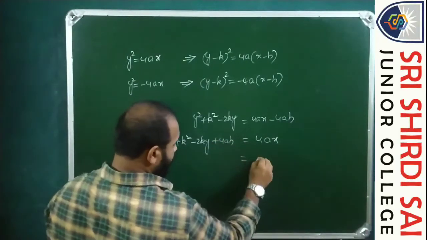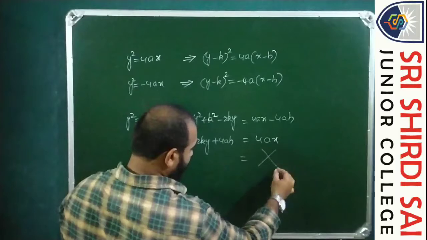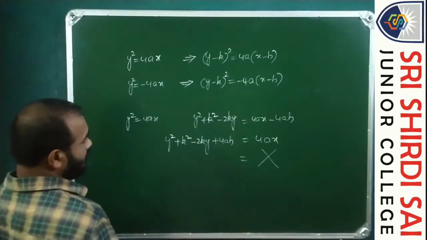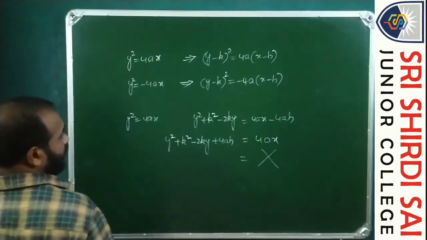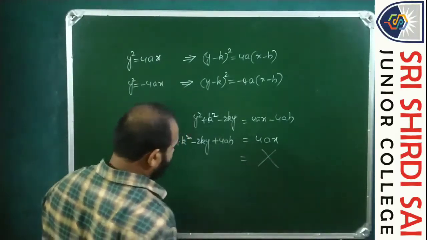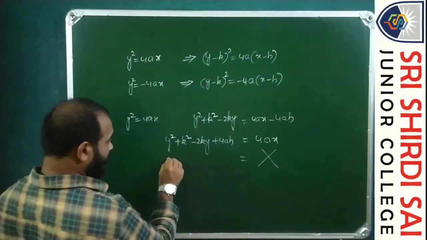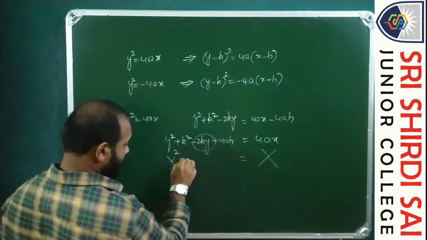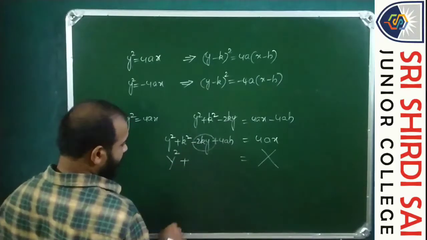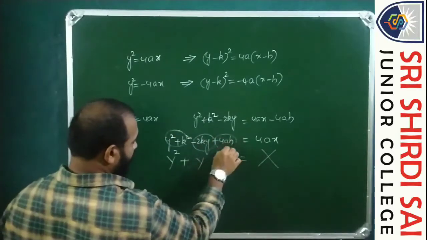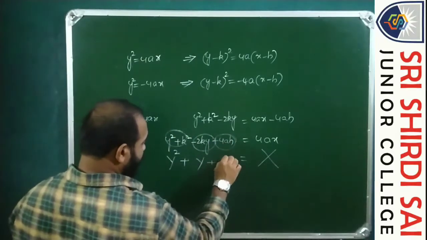So x equals y square, plus y, plus k square plus 4ah, which is constant.